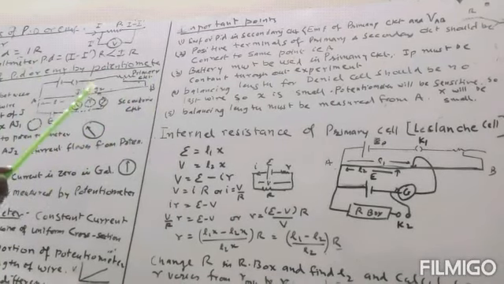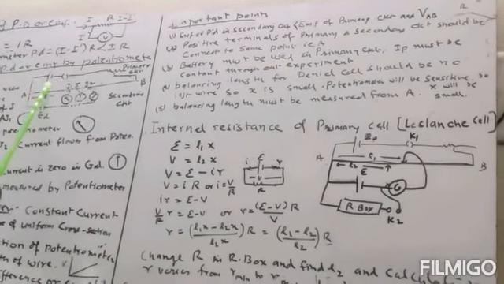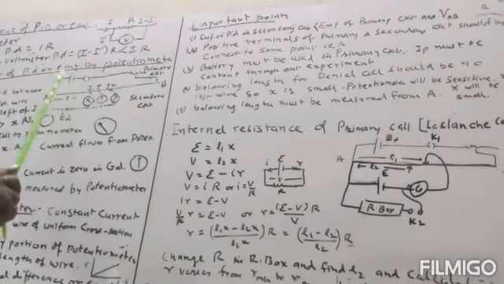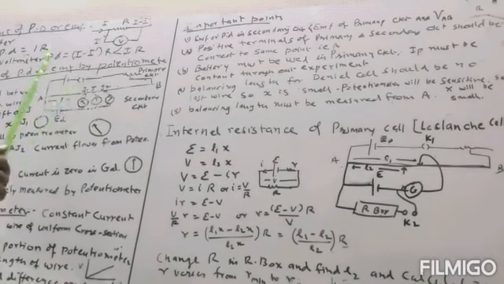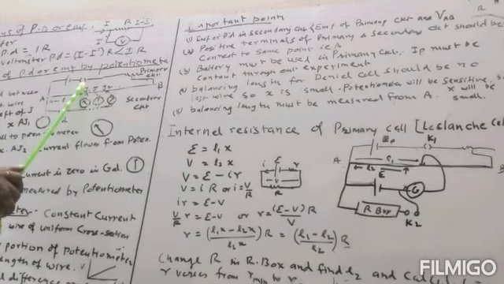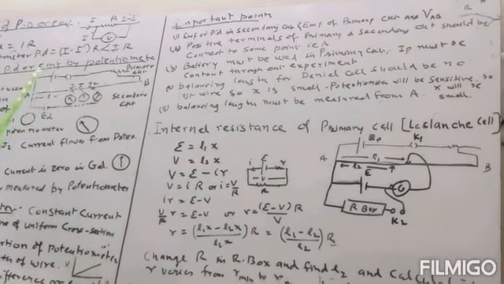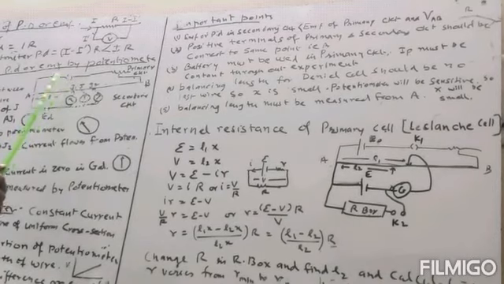So the source of energy is a battery. The EMF of a battery is constant, whereas the EMF of a dry cell or eliminators is not constant, and we cannot get a constant current. So here we should always use a battery.